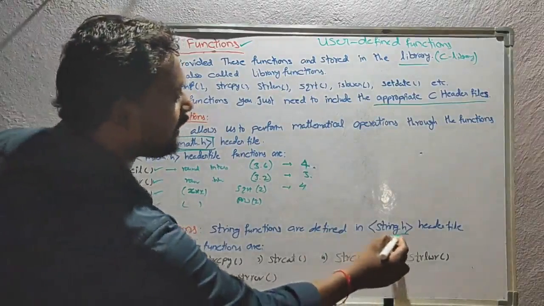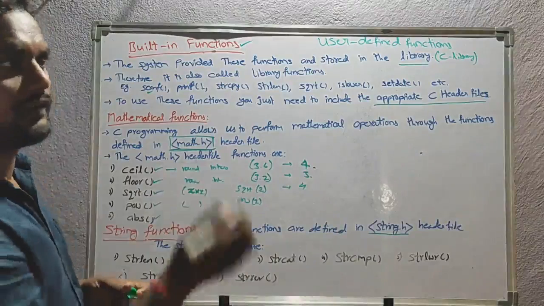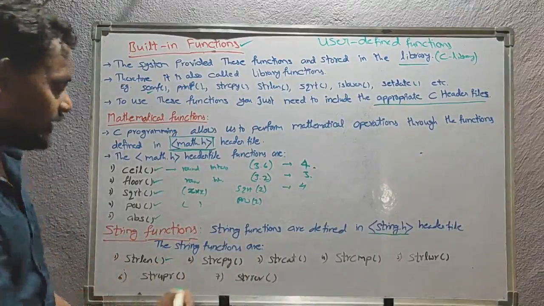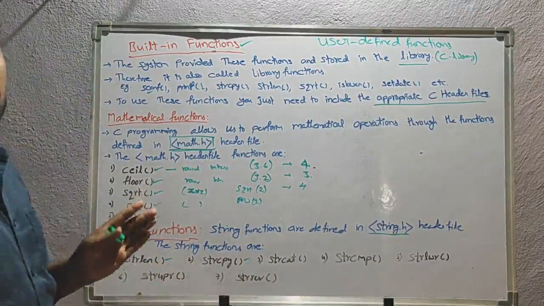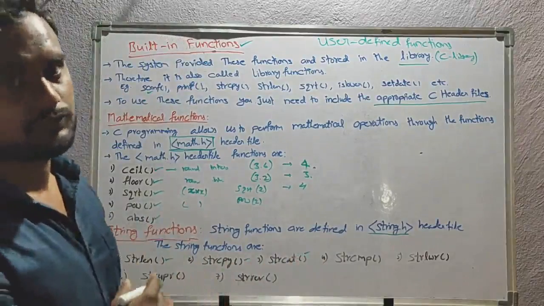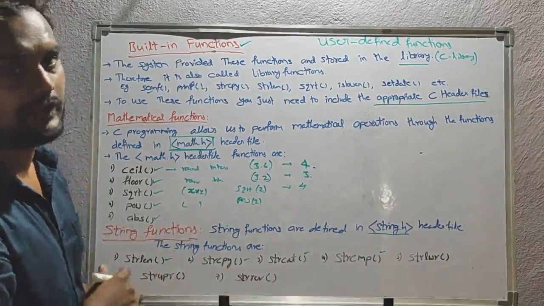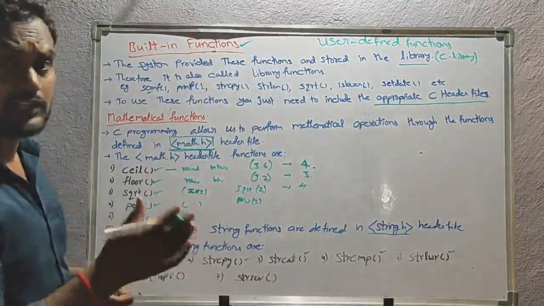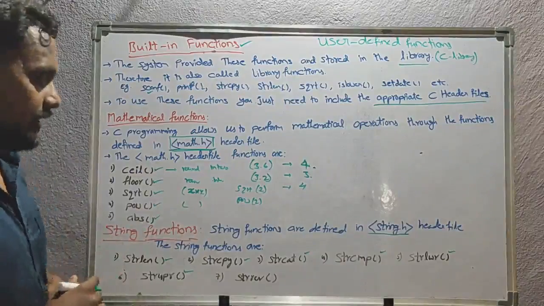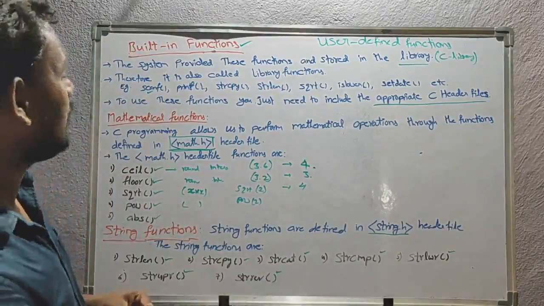The string functions, which we have seen before, are strlen, the length of the string; strcpy, copying one string from another string; strcat, concatenation of two strings; strcmp, the comparison of two strings character by character; strlwr, the string converted into lower case; strupr, converted into upper case; and strrev, the characters in the reverse order of the given string.